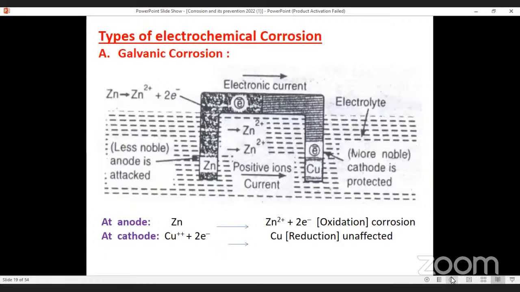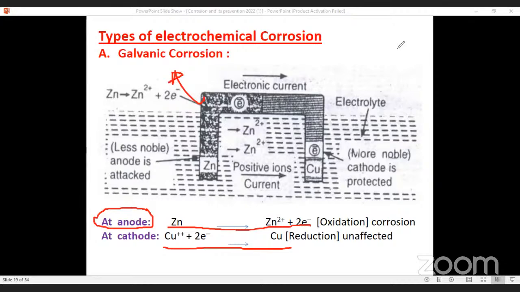At that time, zinc undergoes oxidation and copper undergoes reduction. Therefore, the corrosion process takes place at the anode. Where zinc undergoes corrosion, we call it galvanic corrosion.